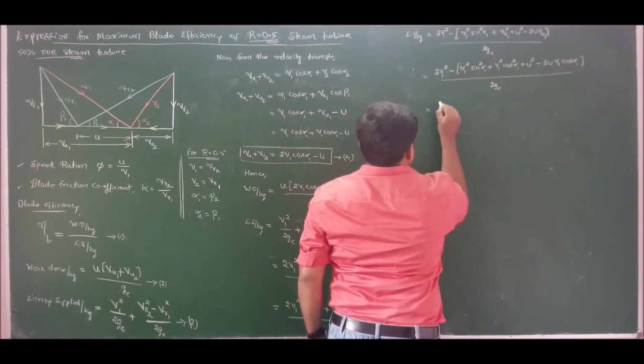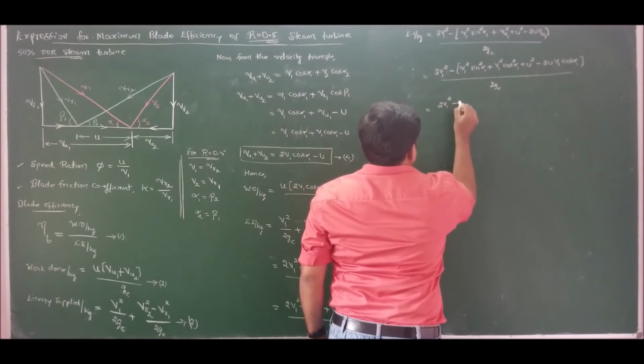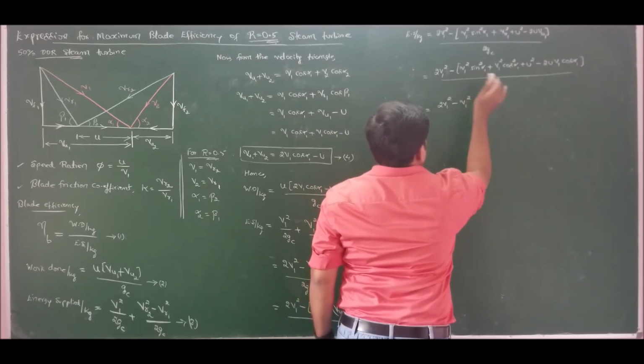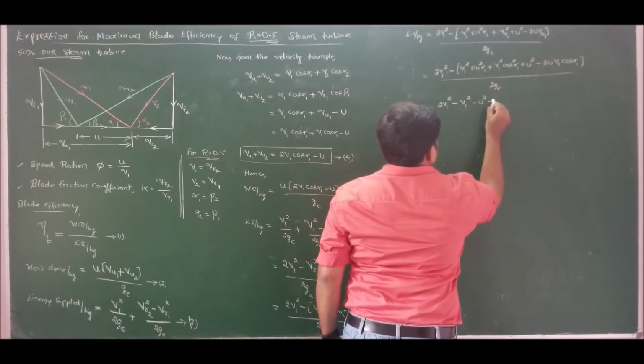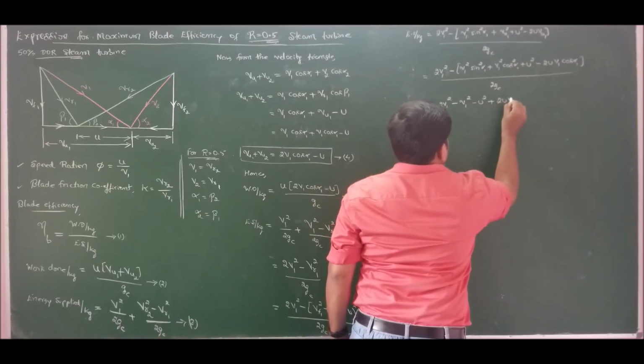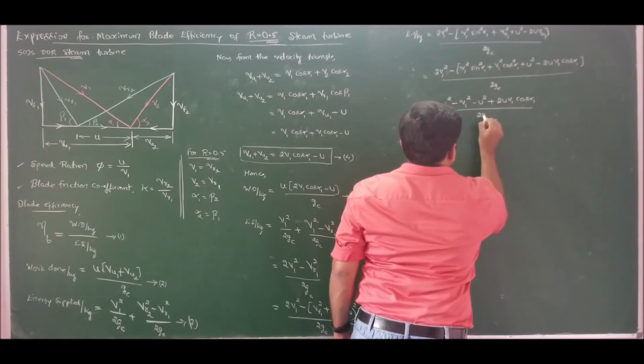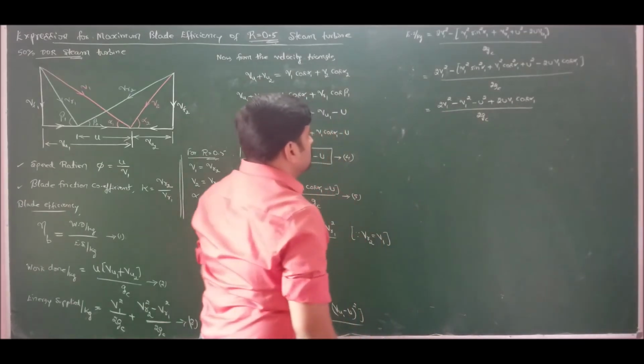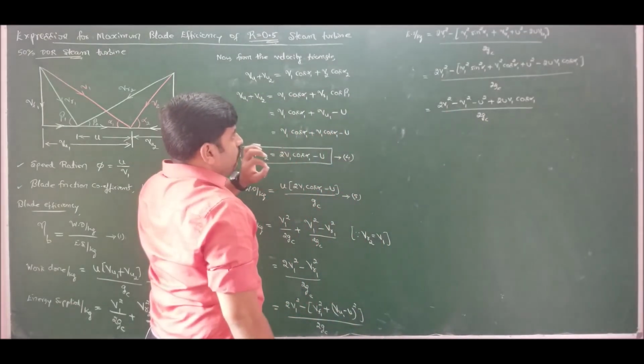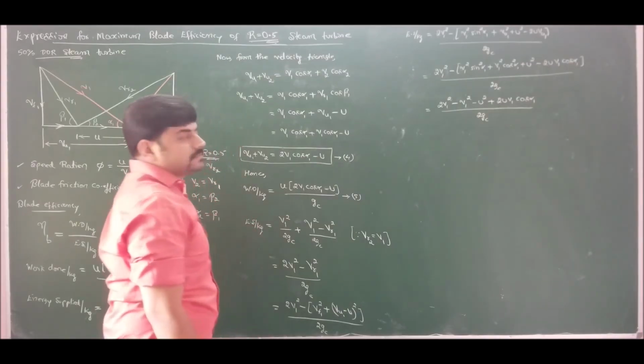So hence I will get 2v1 square minus v1 square minus u square plus 2u v1 cos alpha 1 by 2gc. So now we have only v1, u and alpha 1.